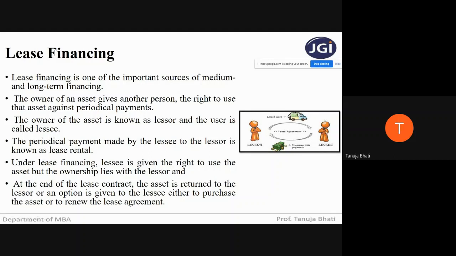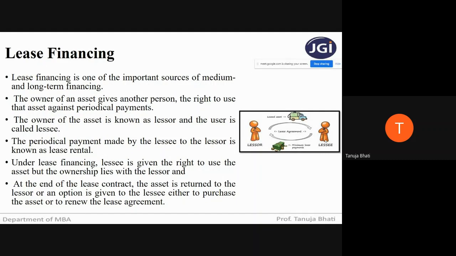So the lessee will approach the lessor and say, since you have an asset, can you give it to me on lease? The lessor will give this asset for use on a rental basis. In simple language, the lessor gives the asset which belongs to the lessor to the lessee only for use, because the lessee wants to use it. It will not be free of cost.